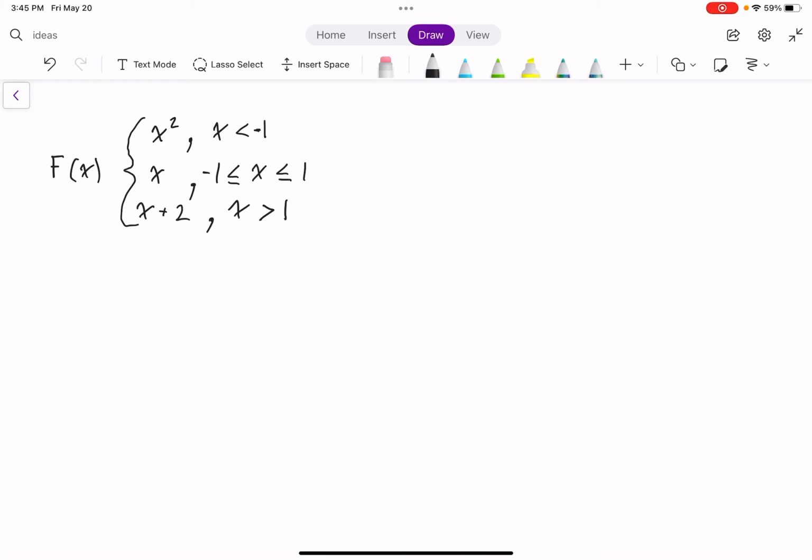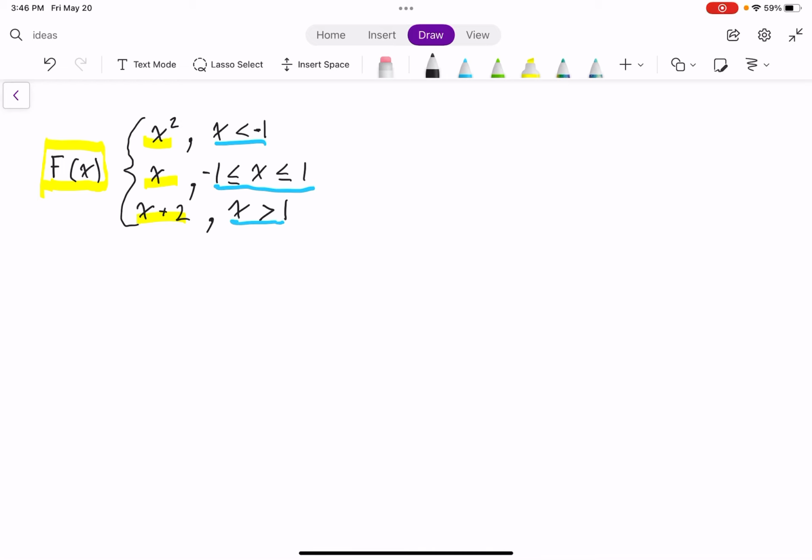All a piecewise function is saying is that the function f at x is equal to these three functions on these three intervals. So just remember, it's just different functions on different intervals.